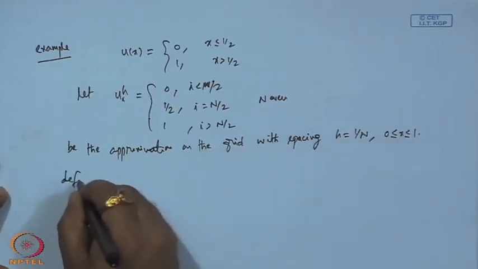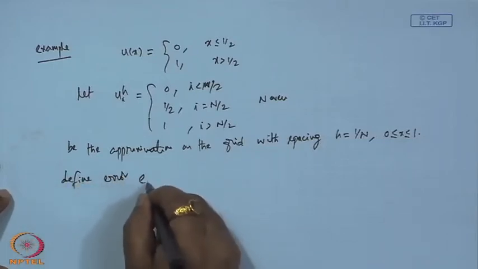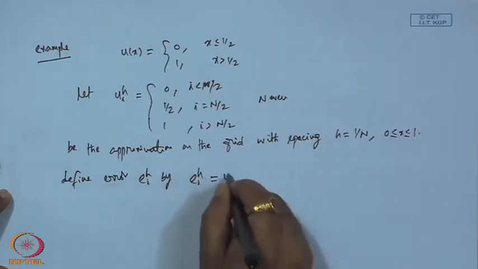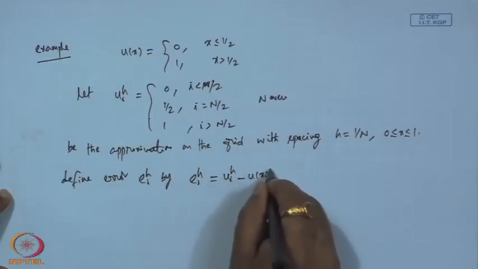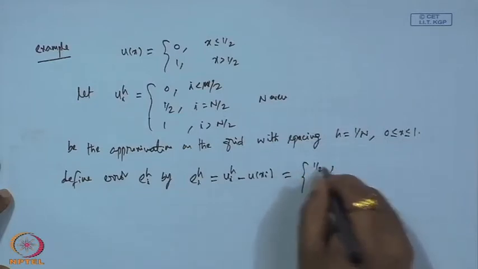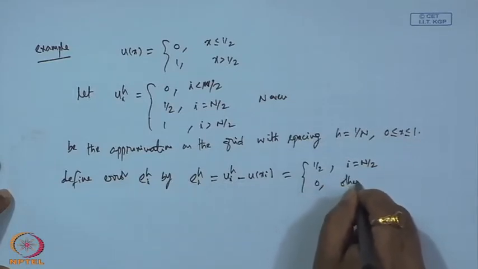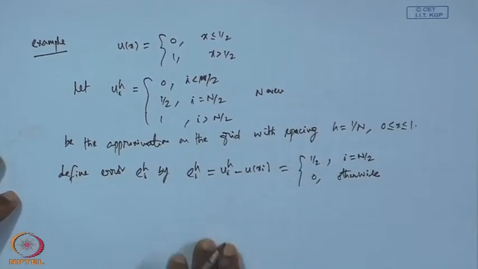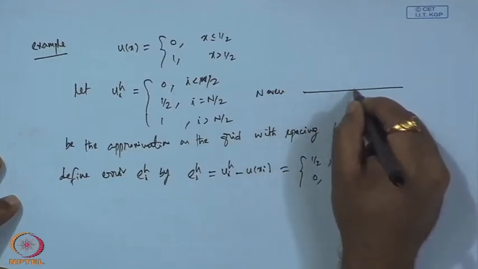Then define the error e i h by, so this would be half if i is n by 2, 0 otherwise. Okay. So, basically the function is like this.